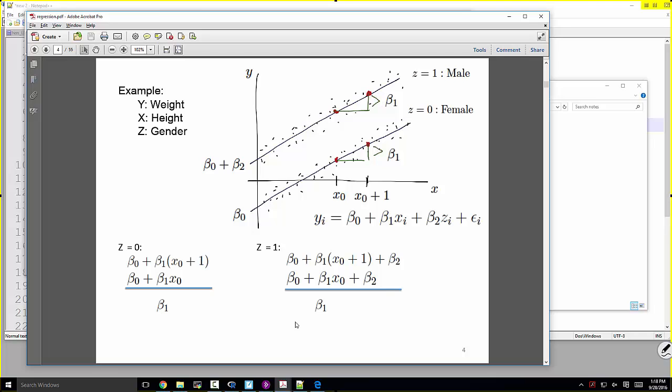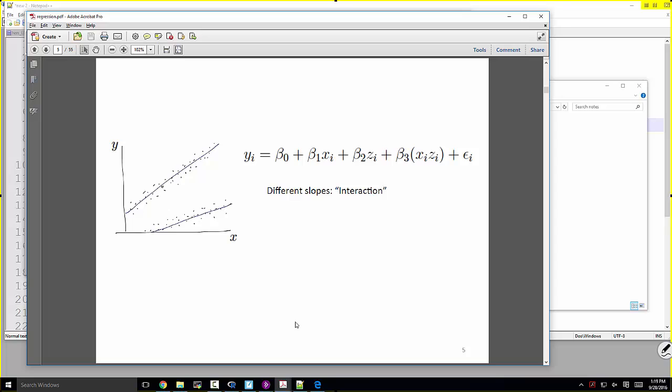But it's restricting the slope to be the same for men and women. That may or may not be appropriate. What we can do to make it even more flexible is allow for both gender-specific intercepts and gender-specific slopes.